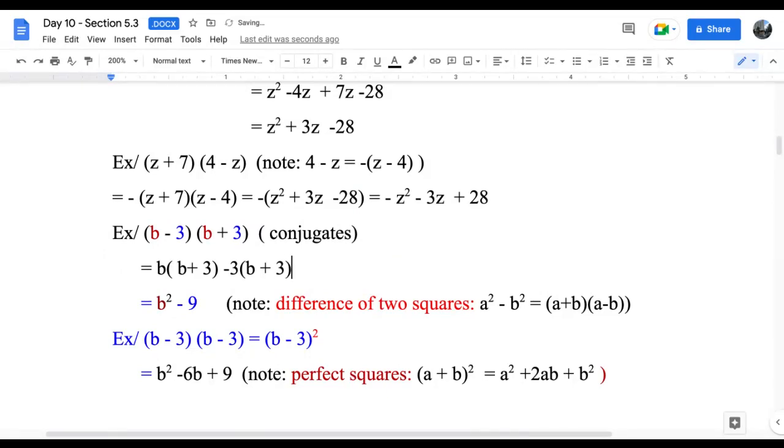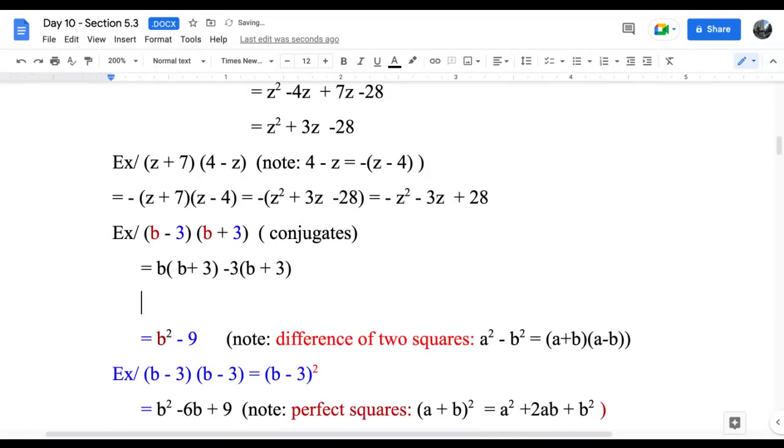Then we get B squared plus 3B minus 3B, then minus 9. Then the two middle terms can be simplified. Plus 3B minus 3B, that's 0. So I get B squared minus 9.